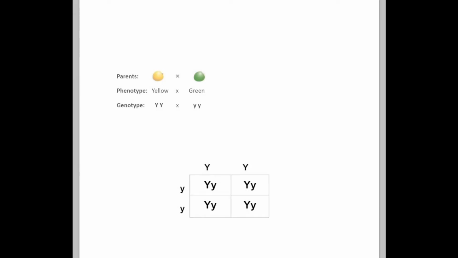Now, I want to clarify a detail about what these letters represent using a monohybrid cross as an example. The two-letter genotype combinations, capital Y and lowercase y, represent the parents. However, I want to make sure that it is clear to you that the letters at the top and the sides of the Punnett squares represent the gametes for each parent.